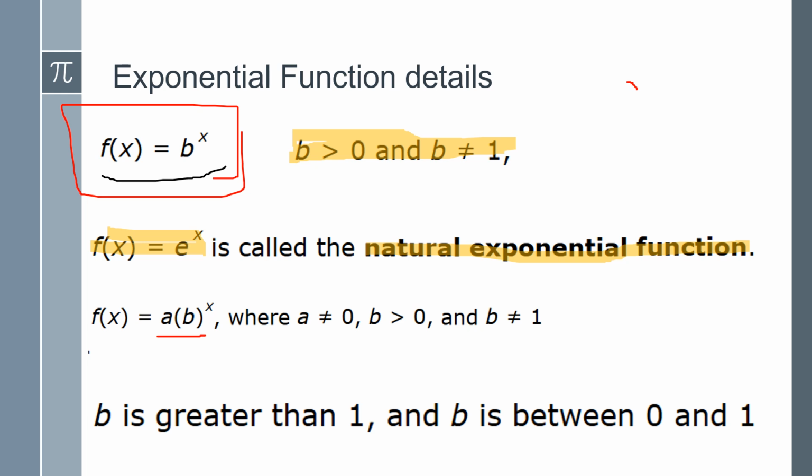Your base can be greater than 1, but b can also be between 0 and 1. So if I'm talking between 0 and 1, what am I talking about? I'm talking about a rational number, which we use the letter Q for. So it could be 1/3, because 1/3 is still between 0 and 1. So any proper rational number could be in that definition.